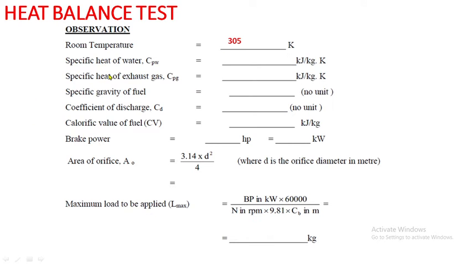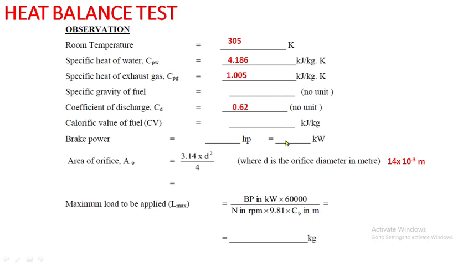Then the specific heat of water is 4.186, and the specific heat of gas, nothing but our air, is 1.005 kilojoule per kilogram Kelvin. Then the specific gravity of fuel we know is 0.83. Coefficient of discharge is 0.62. Calorific value of fuel we know is 45625. Then brake power 265; brake power is 5 HP, 3.75 kilowatt.